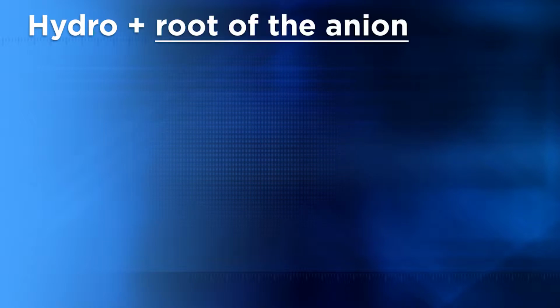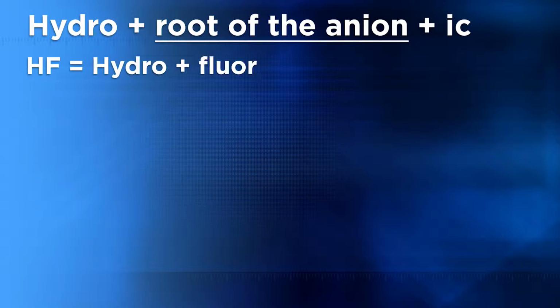When naming acids that do not contain an oxygen in the formula, binary acids, we take a systematic approach. The name of the acid will always start with hydro, followed by the root of the anion, and finally an IC at the end of the name. So some examples would be HF, which does not have an oxygen in it, so we name it hydro and then fill in the blank with the root of the anion.